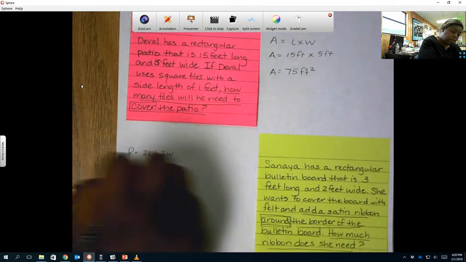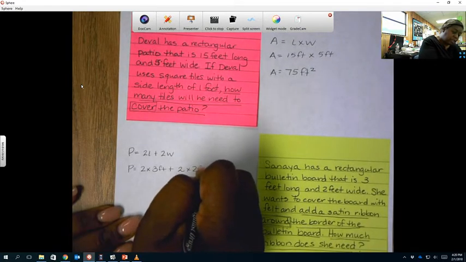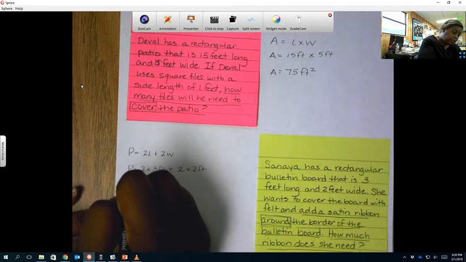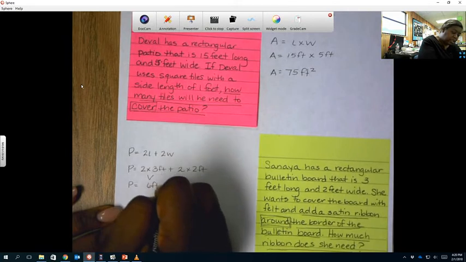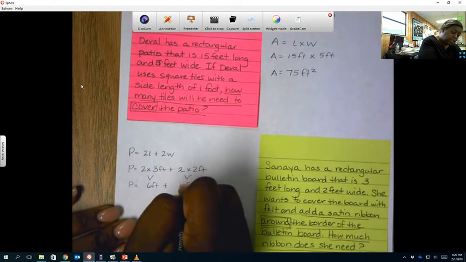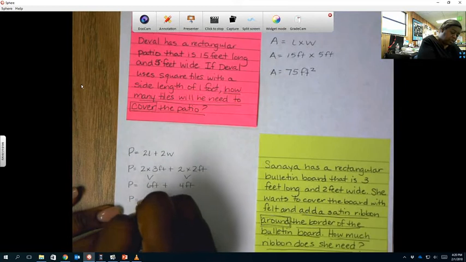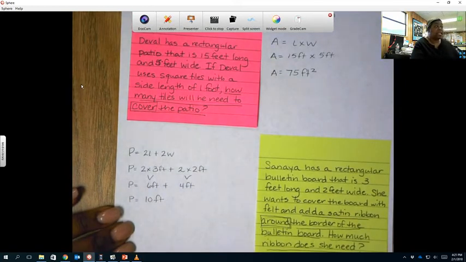Plus 2 times 2 feet. P equals 6 feet plus 4 feet. P equals 10 feet. And that's how much ribbon she'll need. She'll need 10 feet. Okay?